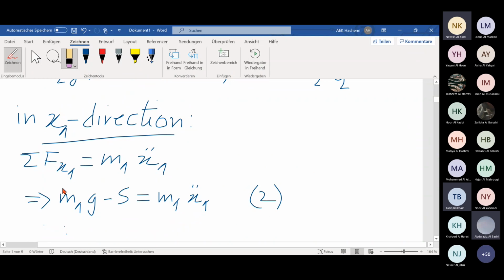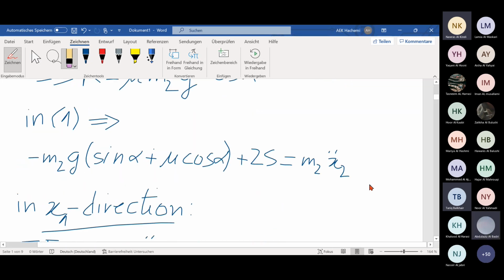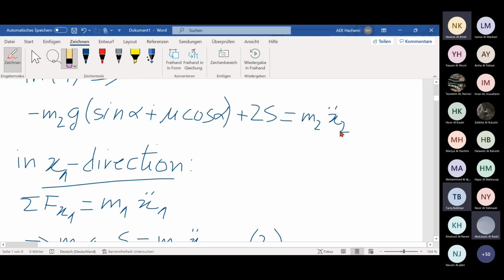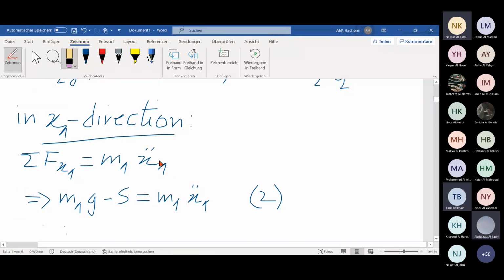Now, if we look here, you have S, which is unknown, and the acceleration x double dot 1 is also unknown. If you look at this equation here, we have S, which is unknown, and x double dot 2 is unknown. So you have one variable, a second variable, a third one, and you have only two equations.